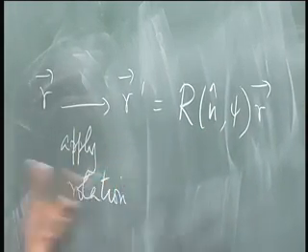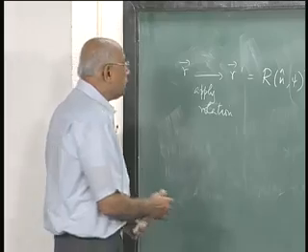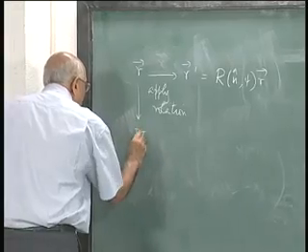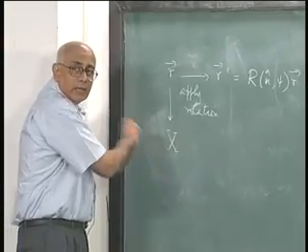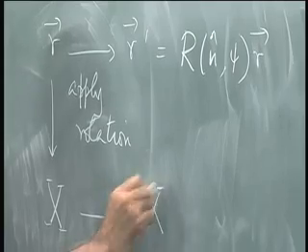So it goes to some point R prime, which is x prime, y prime, z prime. Then the question is, what does x do? This is mapped to x, and obviously under rotation it goes to some x prime.